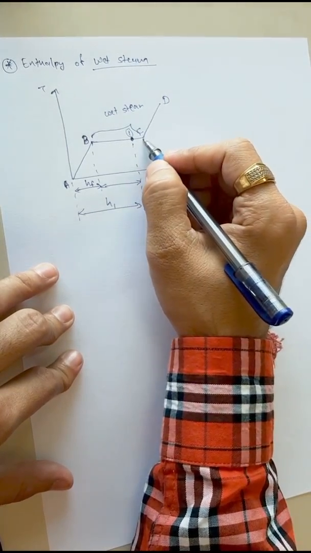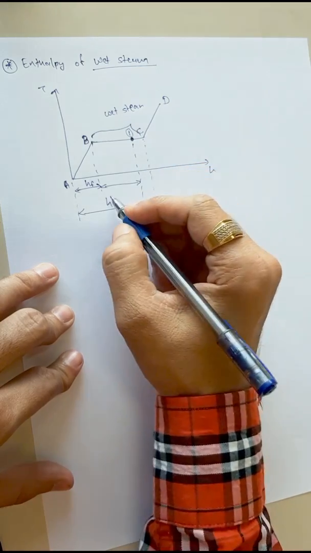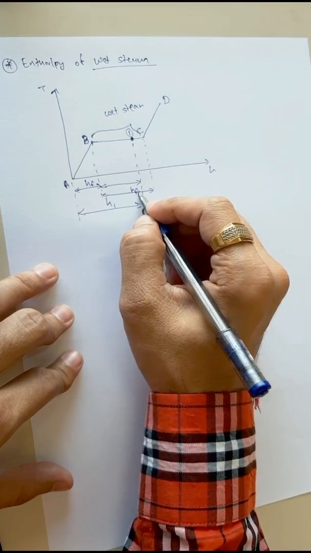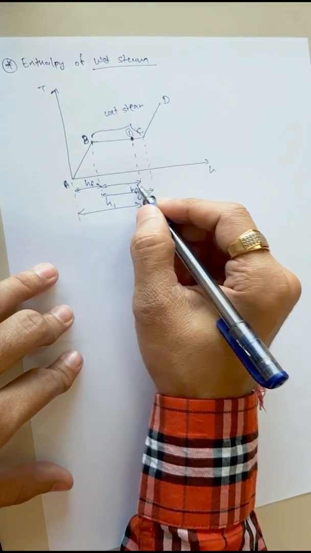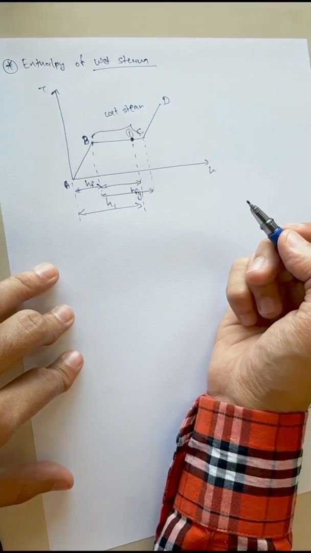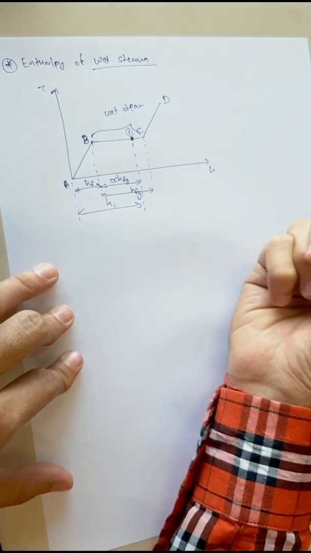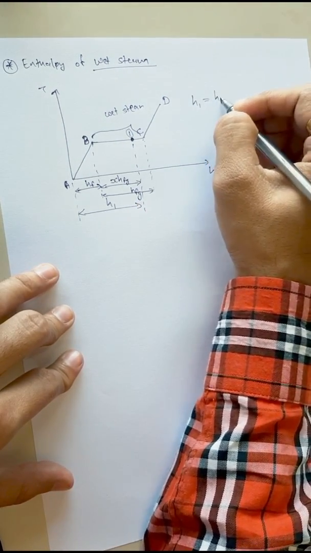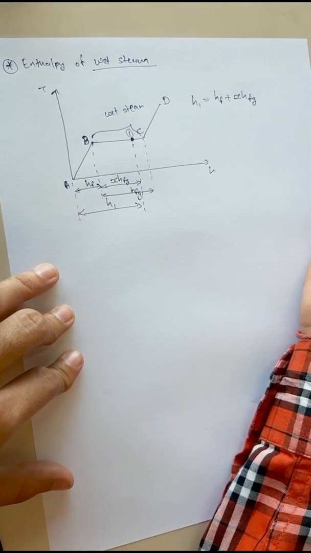We know that enthalpy from point B to C is HFG, and this is some amount of HFG, so we can write it as X HFG. So H1 is equal to HF plus X HFG.